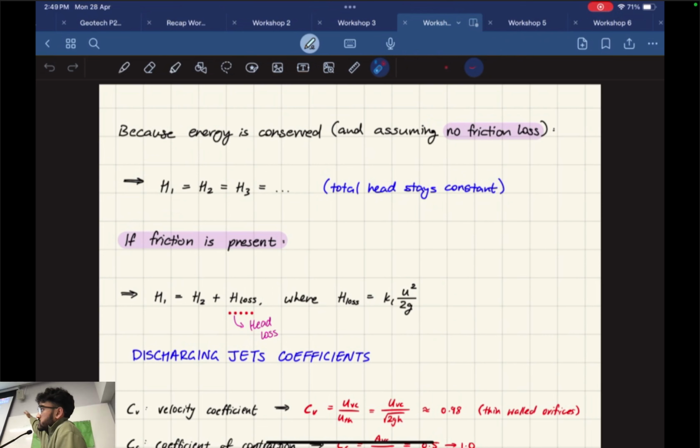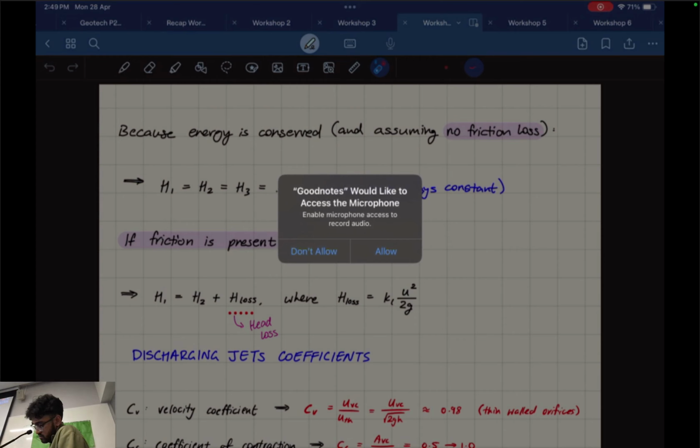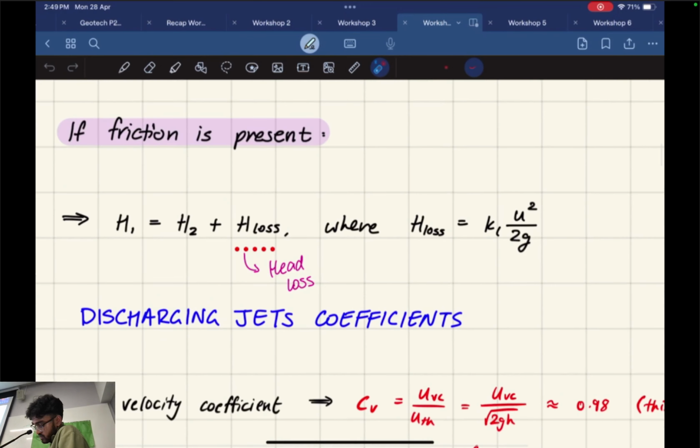However, if we have something called head loss, or when friction is present, there's actually a different definition of head loss, but let's call it frictional loss in this case. We have to add a head loss expression. The general equation for a head loss is going to be K times U squared on 2g.